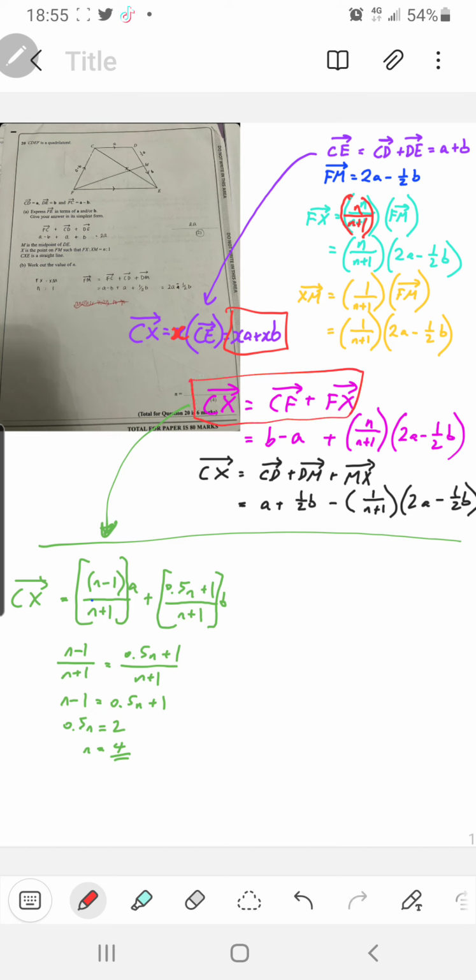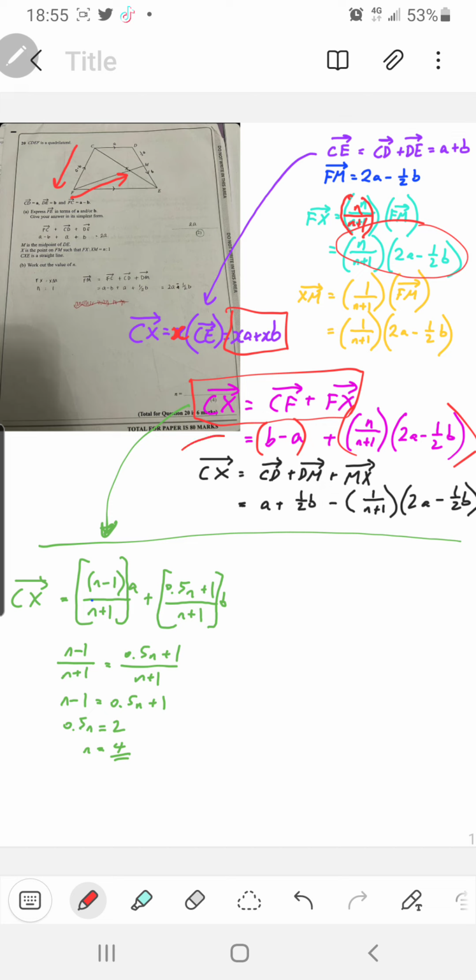So CX, I choose to do it the easy way, so it's CF plus FX. So FX is this bit, and CF is the opposite direction. So this was FC, right? A minus B. So CF will be B minus A. Okay, so this is CF over here, and this is FX.